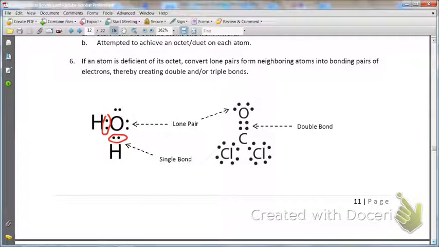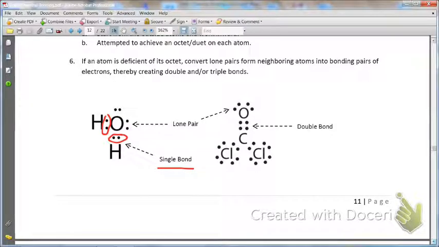So in this case, water forms 2 covalent bonds. By the way, when you only have 2 dots, that is considered a single bond or a single covalent bond. So water has 2 single covalent bonds.